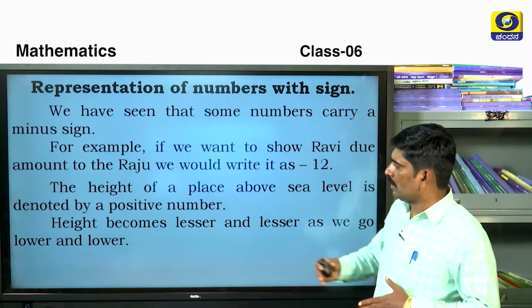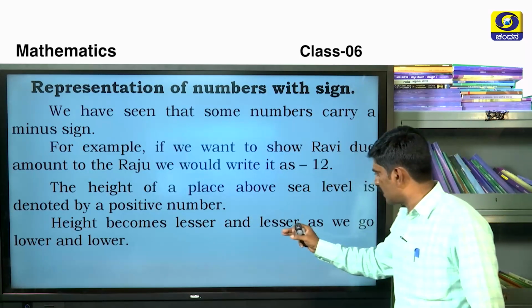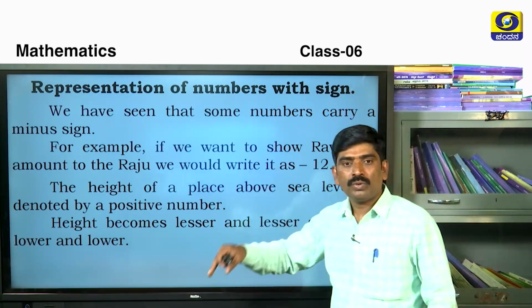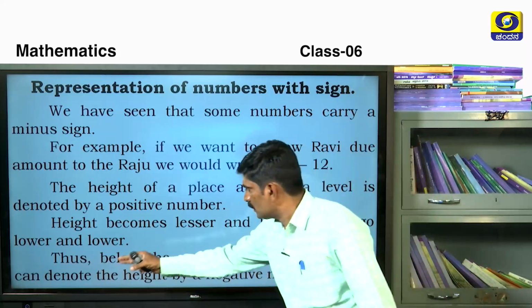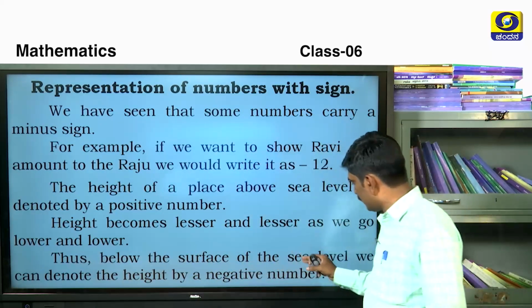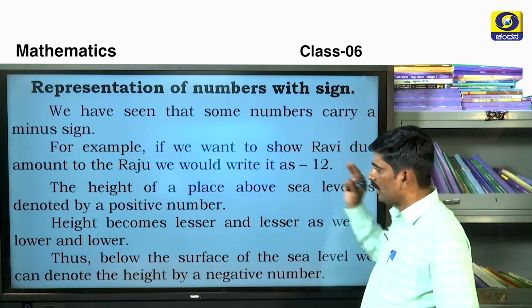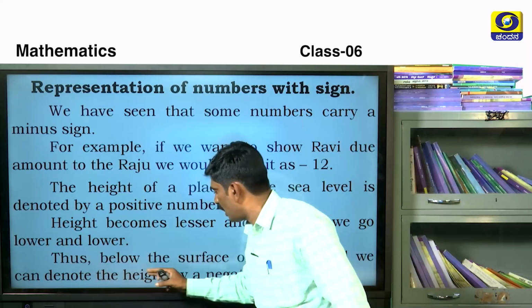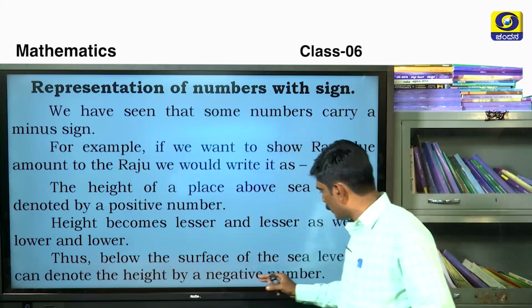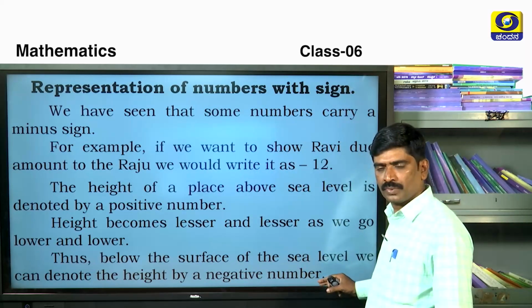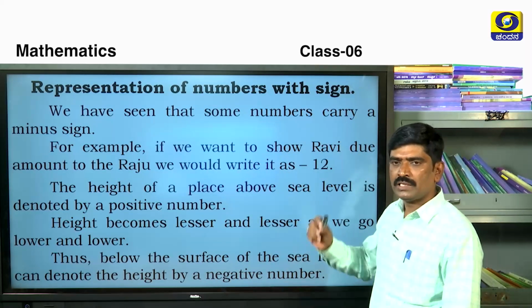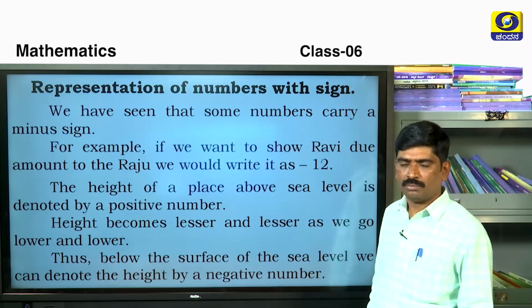The height becomes lesser and lesser as we go lower and lower. Thus, below the surface of the sea level, we denote the height by negative numbers.